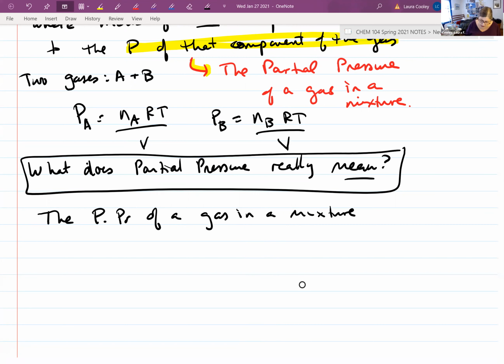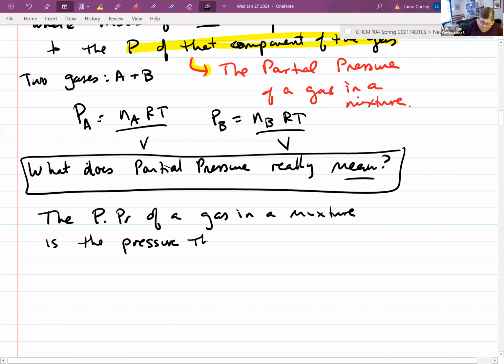Okay, so the partial pressure of a gas in a mixture is the pressure that gas would exert if it alone were present.